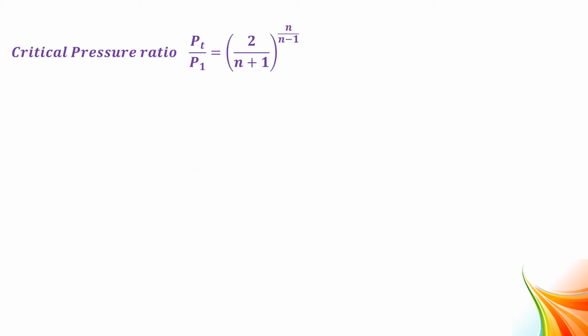In our problem, only the inlet conditions are given. So we have to find out the throat condition. So for calculating the throat pressure, we have to know the critical pressure ratio. So the equation for critical pressure ratio Pt by P1 equal to 2 by n plus 1 the whole power n by n minus 1. See here the steam is initially dry saturated, therefore the value of n equal to 1.135.